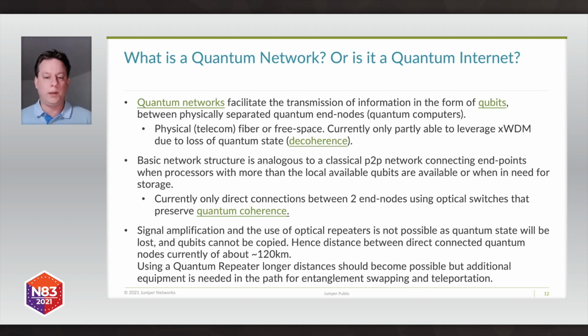A quantum network at max, but that's basically a point-to-point connection using a dark fiber. So it's in this case still two end nodes using an optical connection or free space, could be as well using a satellite. But that is the state where we are. So we are still far away from a quantum internet.